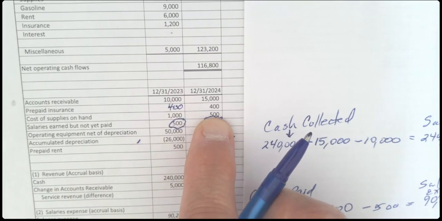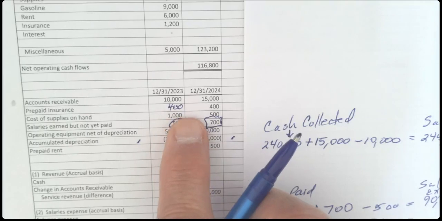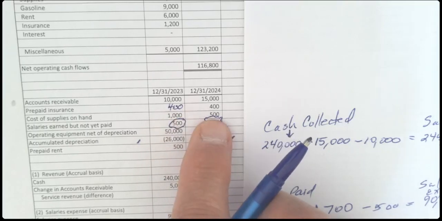Thus, of the supplies we used, $1,000 we paid for last year, and then $500 we paid for this year, but we have not used them yet.